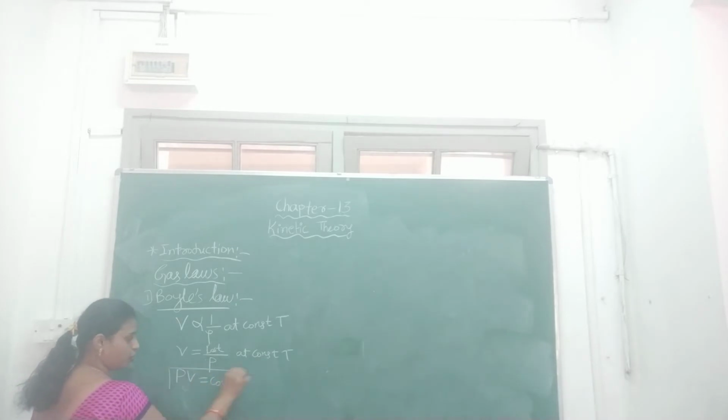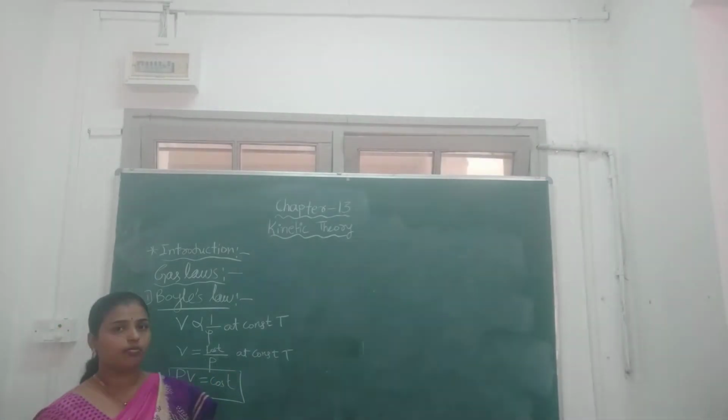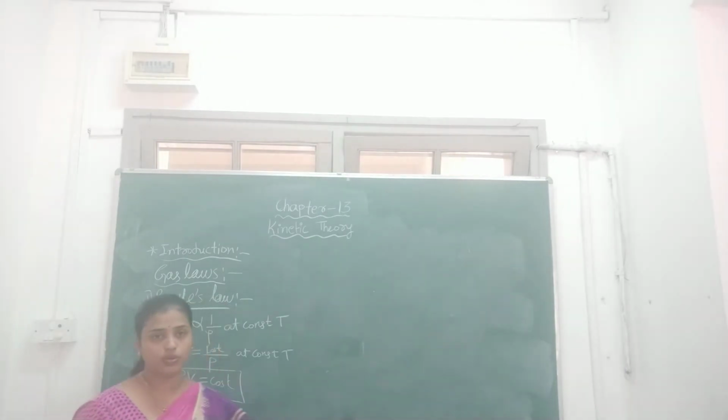This is the equation for Boyle's law. So Boyle's law equation is PV is equal to constant.